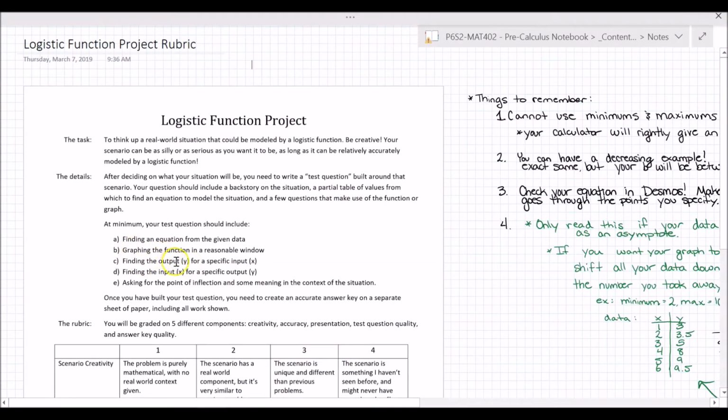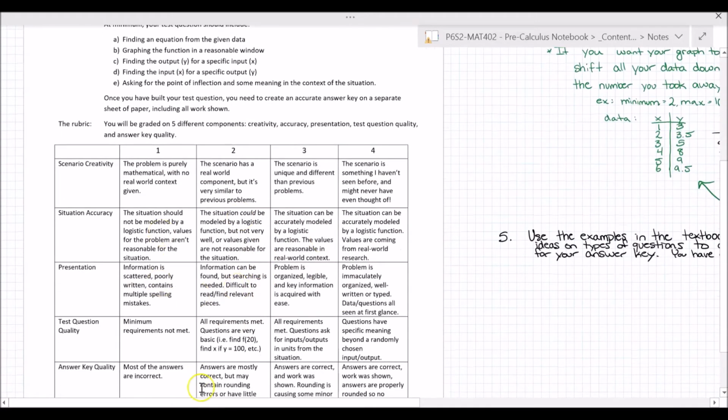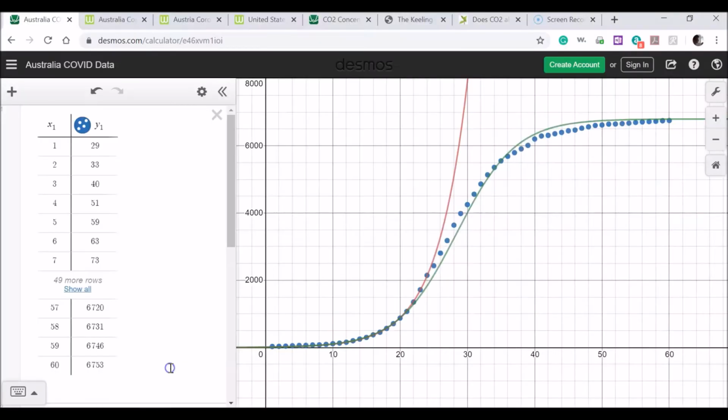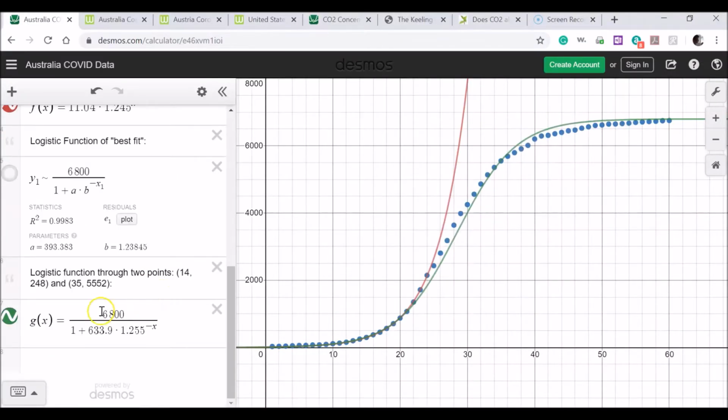Finding the output for a specific input is just saying, use the situation and the pieces in there to figure out, this was the model that we used, g of x was this, and I found this equation in that last video.